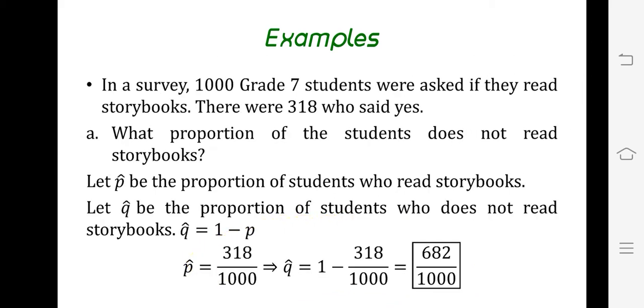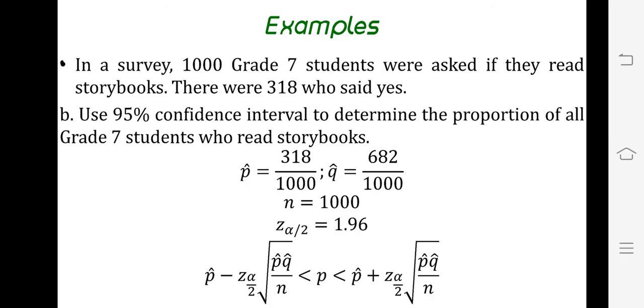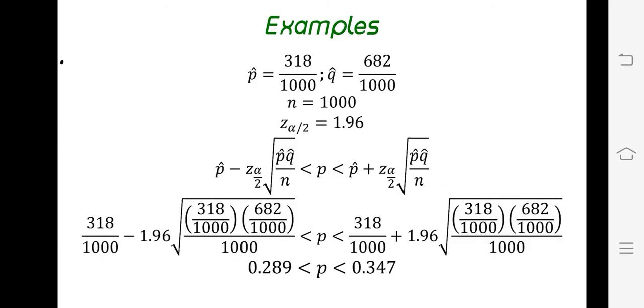Now, let us replace the variables by their values. So p hat was replaced by 318 over 1,000. Z is replaced by 1.96 here.